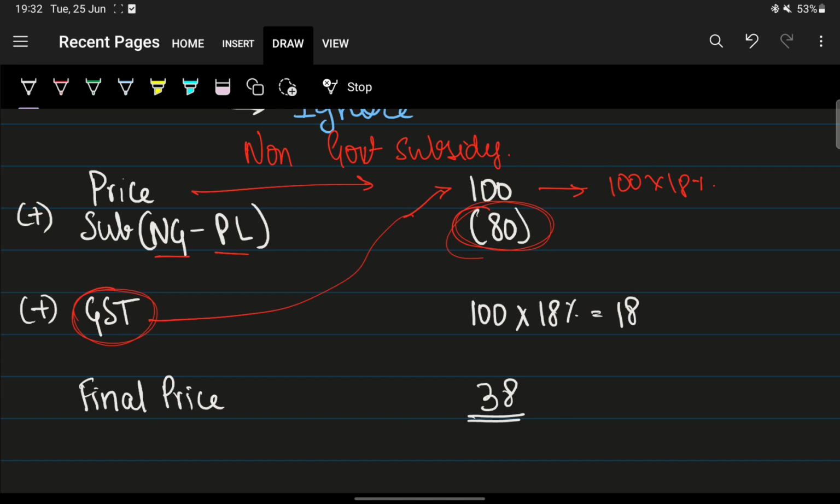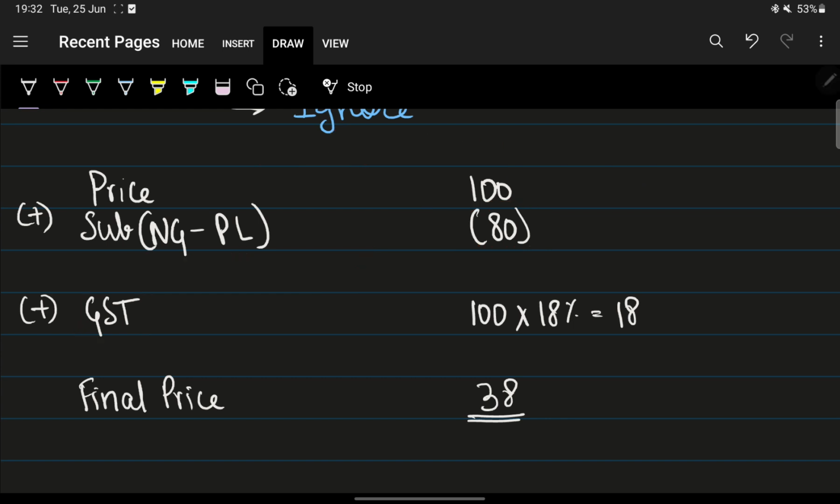I'll just explain again what is happening in this question. There is a supply of 100 rupees and you're getting a non-government price linked subsidy of 80 rupees. But when you're calculating GST, since this 80 rupees subsidy is not allowed for the purpose of valuation of supply, we are going to charge GST of 18% on the full amount of supply, meaning the full 100 rupees. So 100 into 18% is 18 rupees.